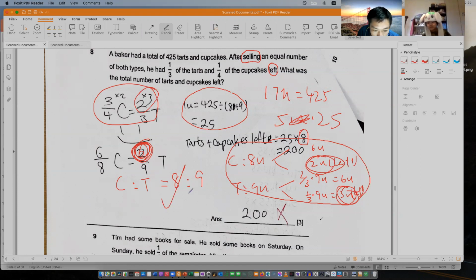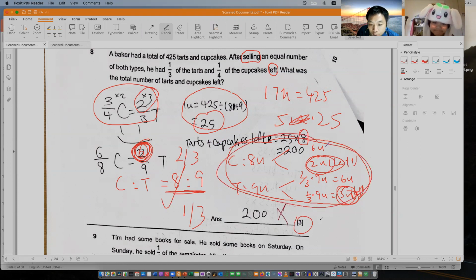So at least you get the unit correct. Once you get the unit correct, you write down the 25 for 1U, so you get 2 marks out of 3, or at least 1 out of 3. But I'm still disappointed because this question you're supposed to get 3 out of 3. This is a simple branching method question, not the very difficult type.